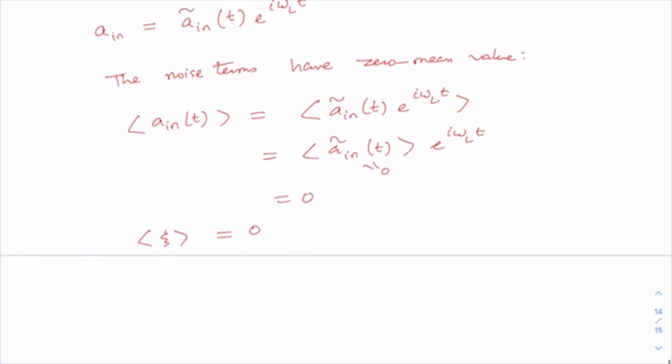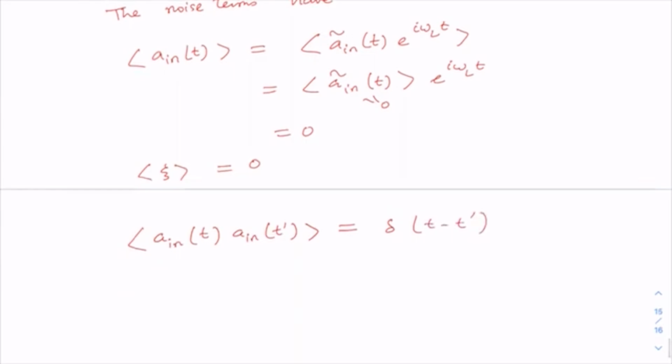On the other hand, we also know the corresponding time correlations. For example, for this input noise from vacuum fluctuation, the time correlation of a in t and a in dagger t dash is equal to delta t minus t dash.